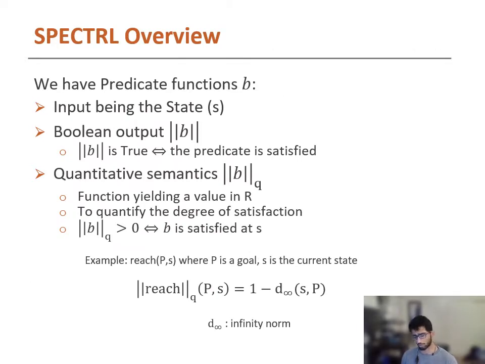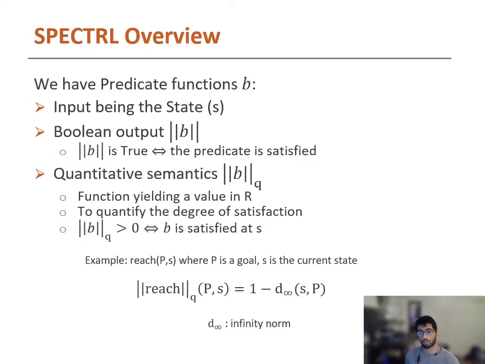So first I'll give a small introduction here. Now, Spectral uses predicate functions, which are Boolean functions where the input is the state S of the system. And the output here is a Boolean output, which is true if the predicate is satisfied. And each predicate also has quantitative semantics, a function giving a real value, which is used to quantify the degree of satisfaction of this predicate.